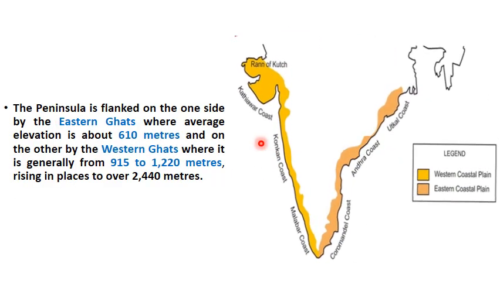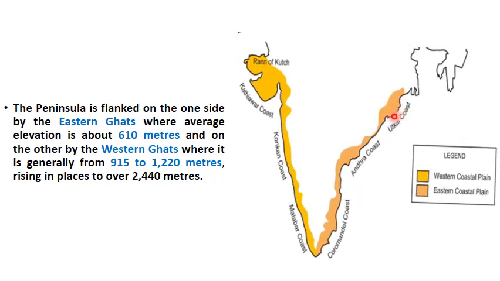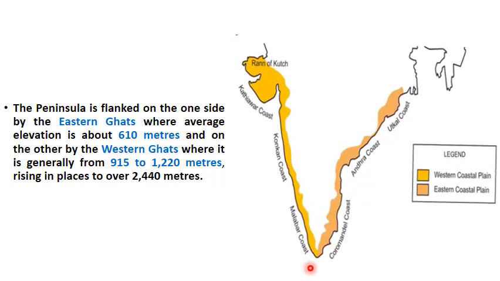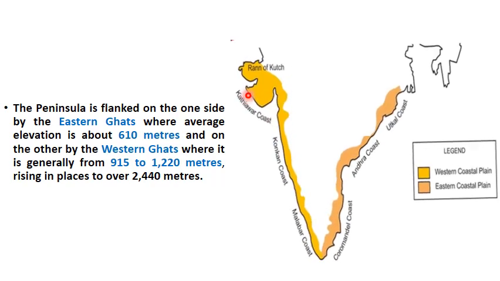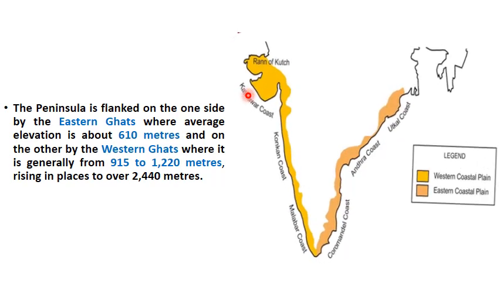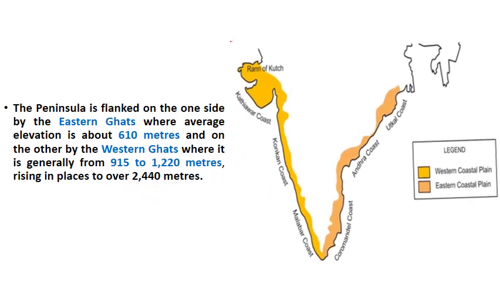The peninsula is flanked on either side by the Eastern Ghats, where average elevation is about 610 meters, and the Western Ghats, where it is generally 915 to 1220 meters. In places, it may rise to 2440 meters also.